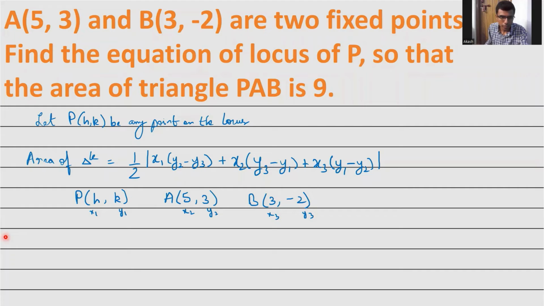Now, area of triangle PAB is going to be equal to half into modulus. What's my x1? h into (y2 minus y3), 3 minus of minus 2.